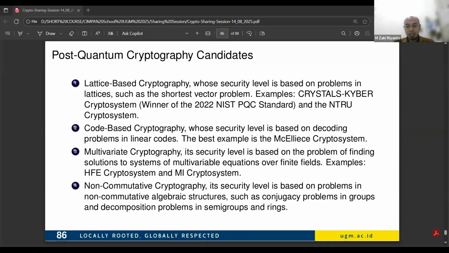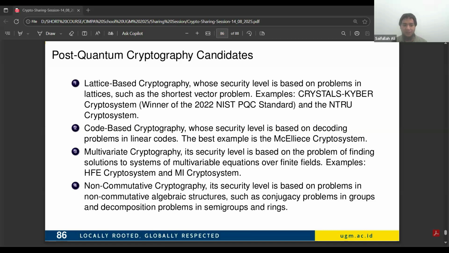I think Mas Adi Sudrajat will conduct the exercise session. I will send it to the chat. Can you share it?